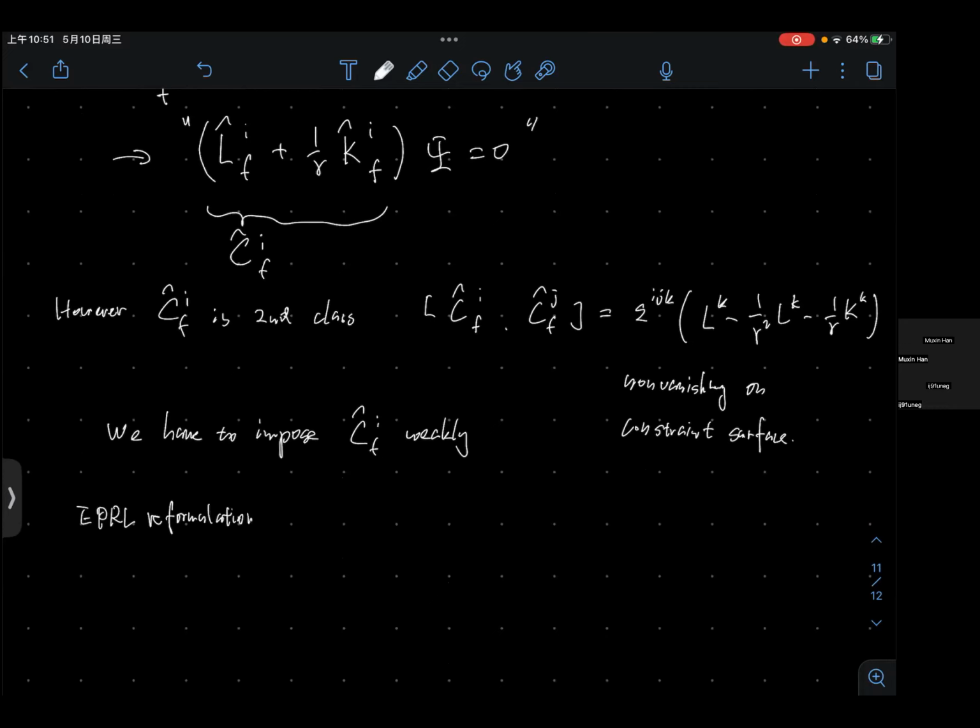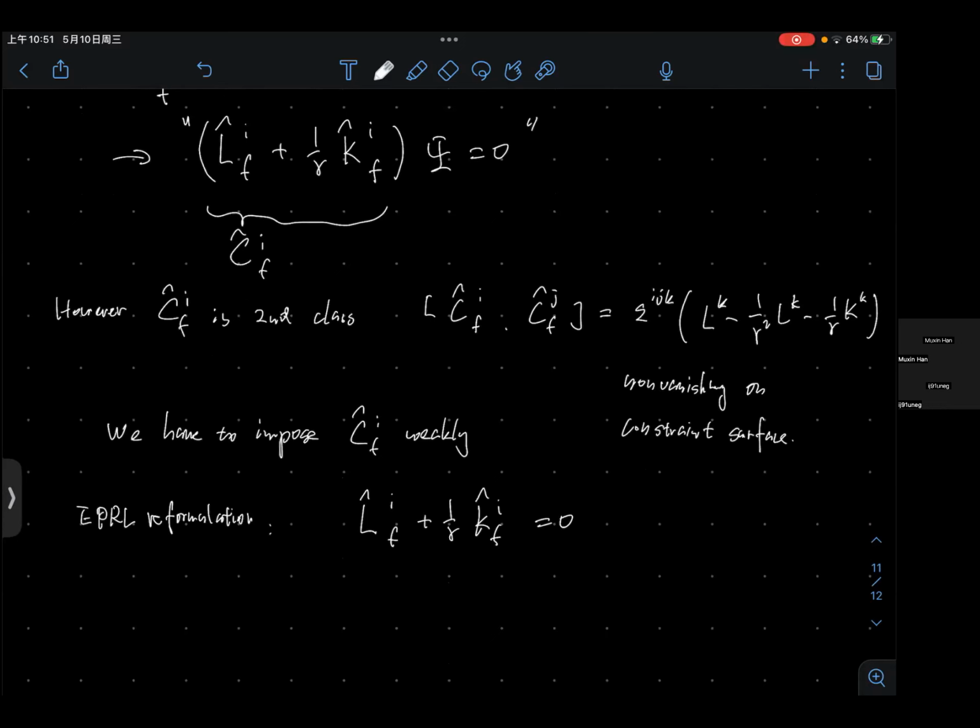Originally we have this simplicity constraint. Yeah, so this is a simplicity constraint that we want to impose weakly.